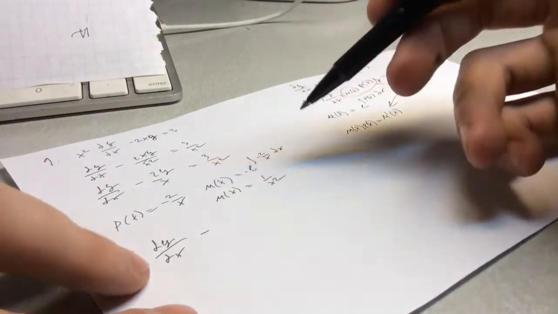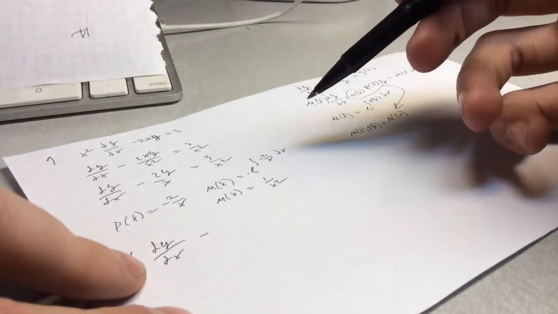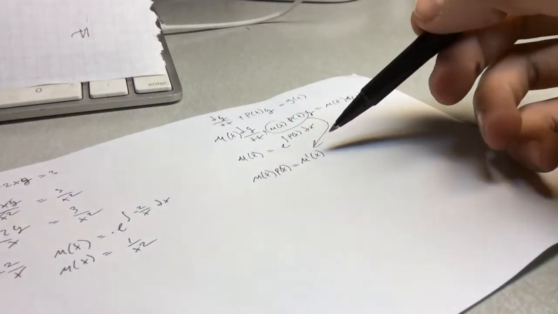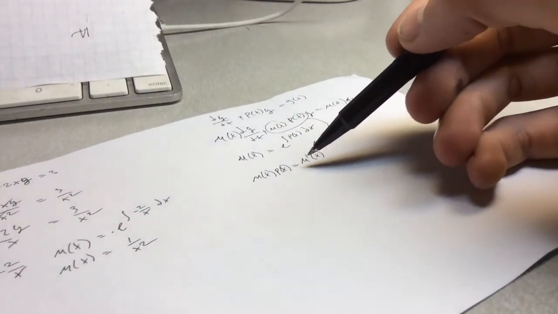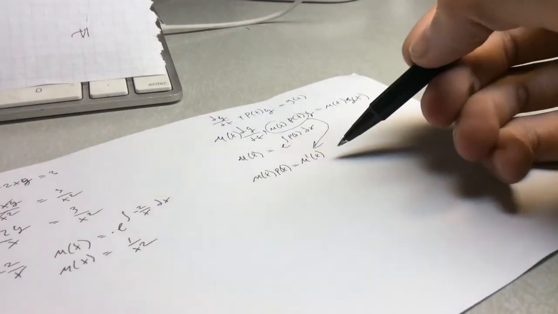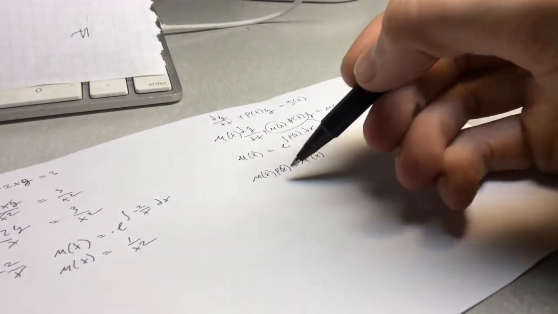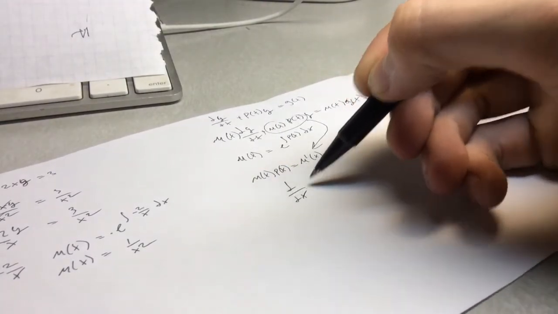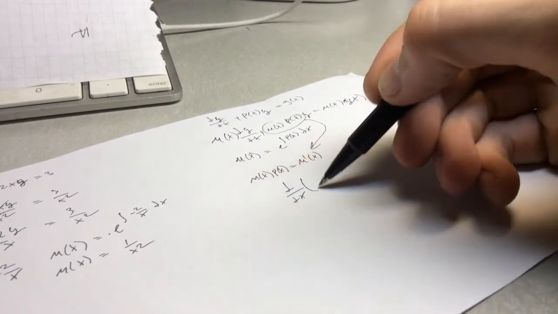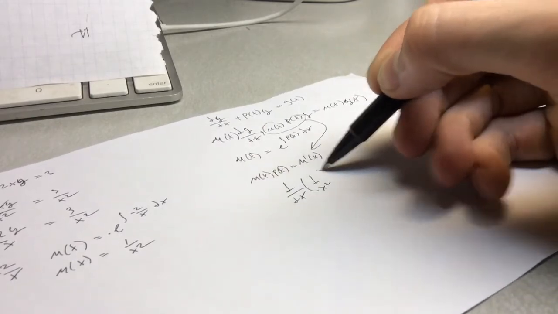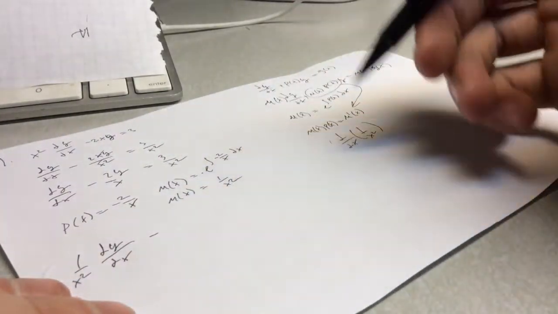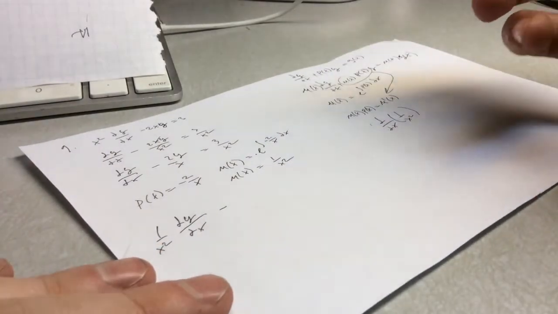We could multiply it out here, but it would be easier to use the fact that mu of x p of x is just equal to mu prime of x. Mu prime of x is d/dx of mu of x, and we know mu of x is 1 over x squared. So we can put this back into there, and that's going to let us use the product rule later as well.